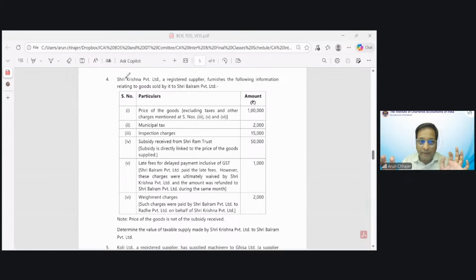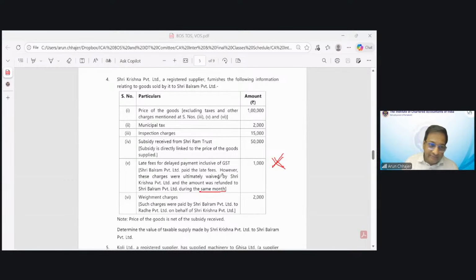Answer is no. So therefore, it will not be added in the value. Why? Because late fees on account of the delayed payment would be added in the value only if it is being paid. Because taken and refunded, it will not be added.